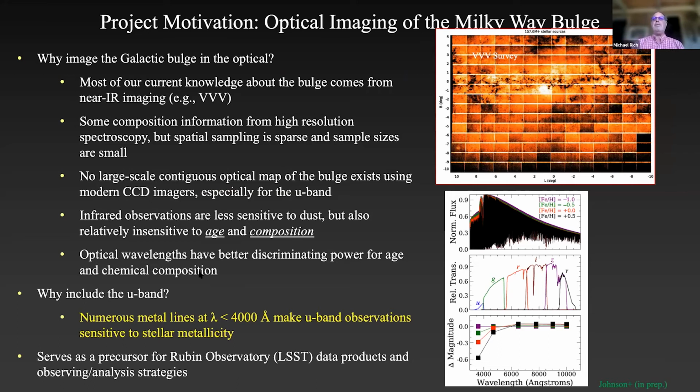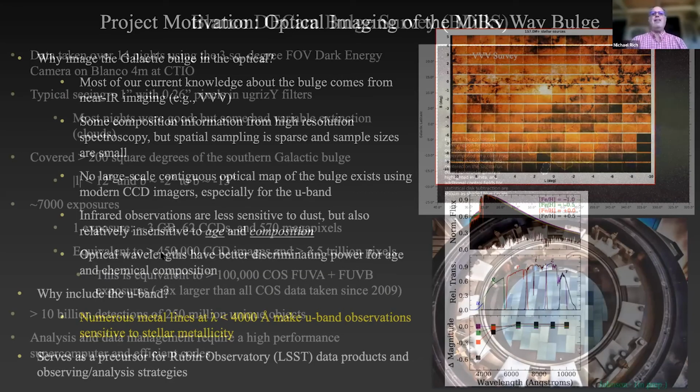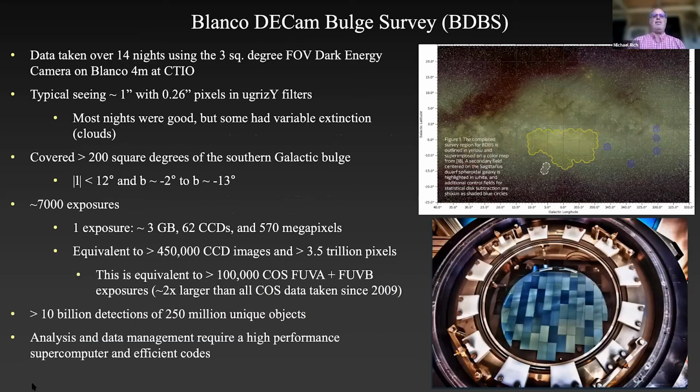So this shows the Blanco DECam Bulge Survey. This is a 200 square degree area. So we're dealing with hundreds of fields, hundreds of observations. For example, 10 billion detections of 250 million unique objects. So there is the potential for this to be an LSST or Rubin Observatory pathfinder project.